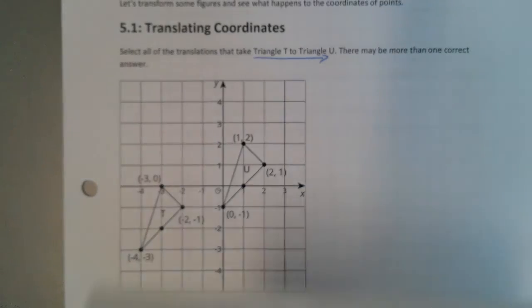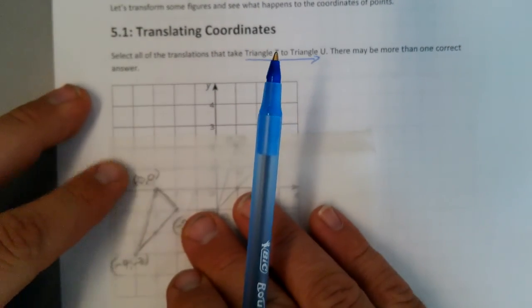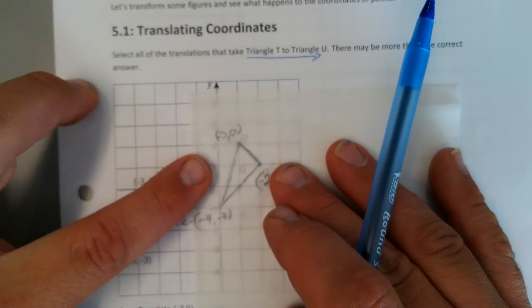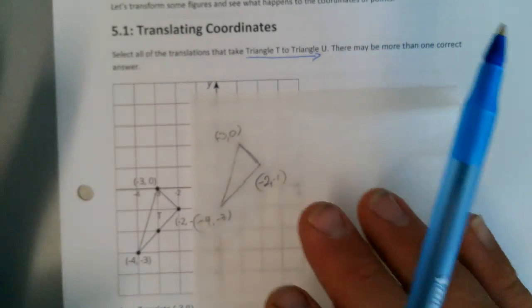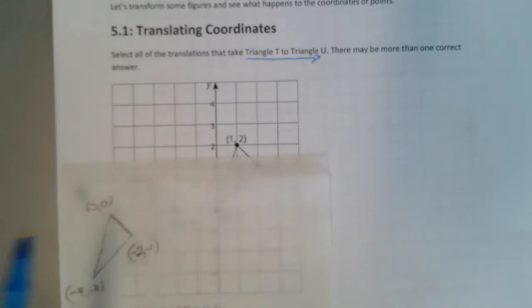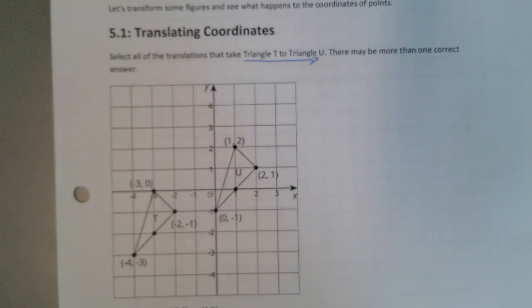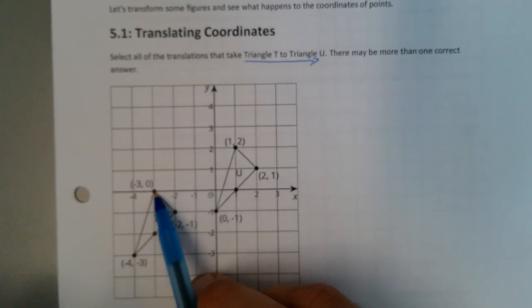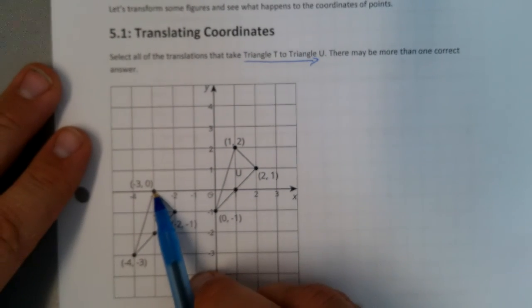I already saw here that triangle T is congruent with triangle U, so I know that all translations will be absolutely true as long as they follow the correct vector. So I need to see, are these two points corresponding? First off, the top of this triangle is -3, 0.